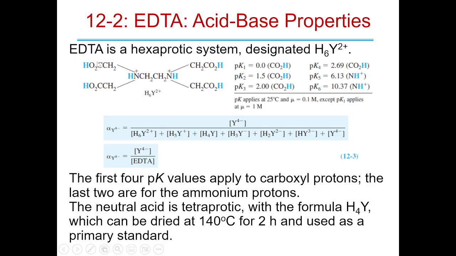The first 4 of them would be the carboxylic acids. See the carboxylic acids? Okay, there's 4 of those. Those would be the first 4 acidic pKa's. The 5 and 6 would be for losing the protons off of the basic parts, the amines. Once you have lost all of the protons, you'd be left with Y4-, which is the conjugate base form, right?